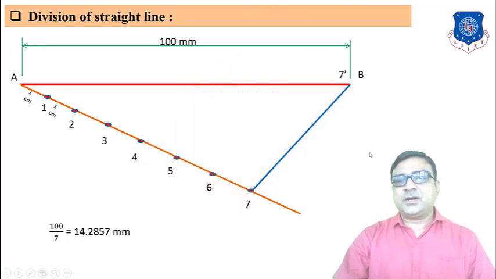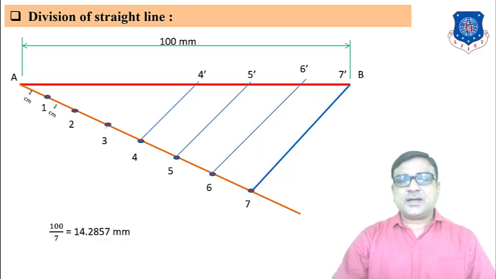Draw one line from 6 parallel to 7 dash, and the point where it intersects our main line AB is 6 dash. Similarly 5 dash parallel to 7 dash, 4 dash, 3 dash, 2 dash and 1 dash.